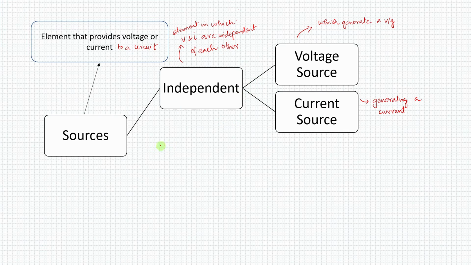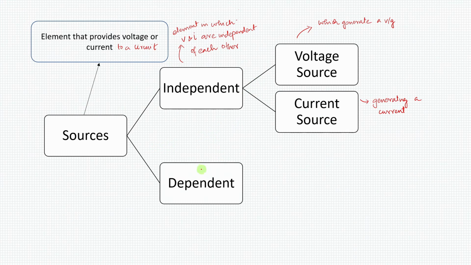The second classification of sources are dependent sources. Dependent sources are elements in which the voltage or current of the dependent source is dependent on the voltage or current of some other part of the circuit.